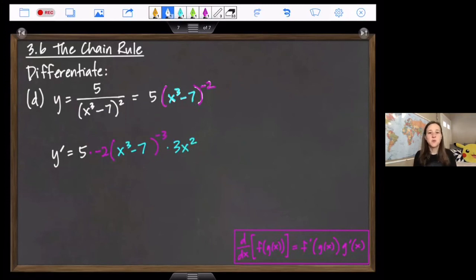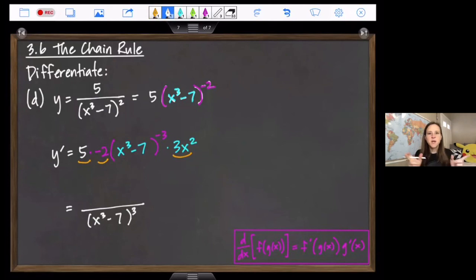All we have left to do is to simplify. So the 5, the -2, and the 3x squared, those all have positive exponents. They're going to remain in the numerator of our answer. That x cubed minus 7 to the -3rd, I'm going to send that back down. Okay, so I'm going to have down in the denominator x cubed minus 7 to the +3, because I've moved it back down.